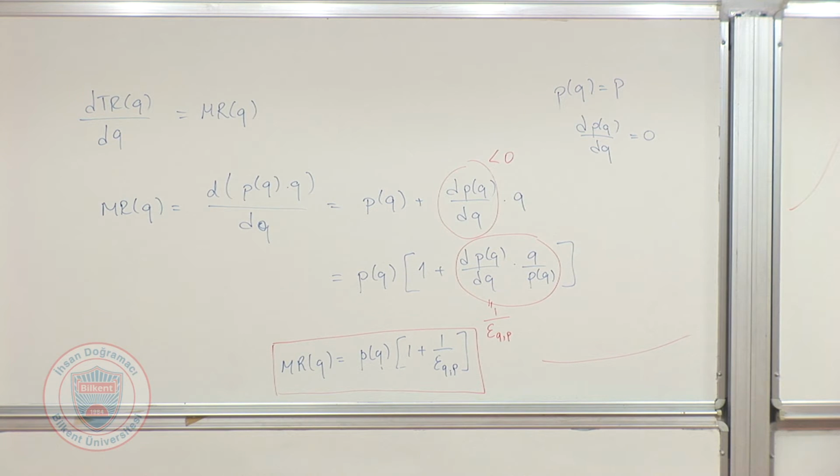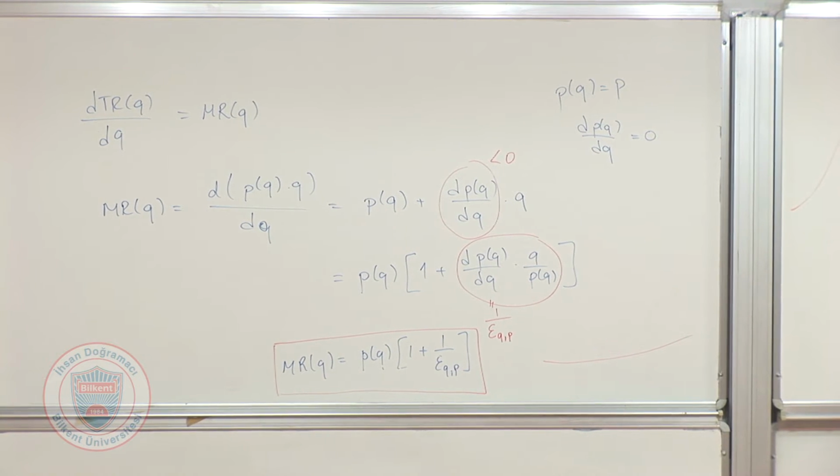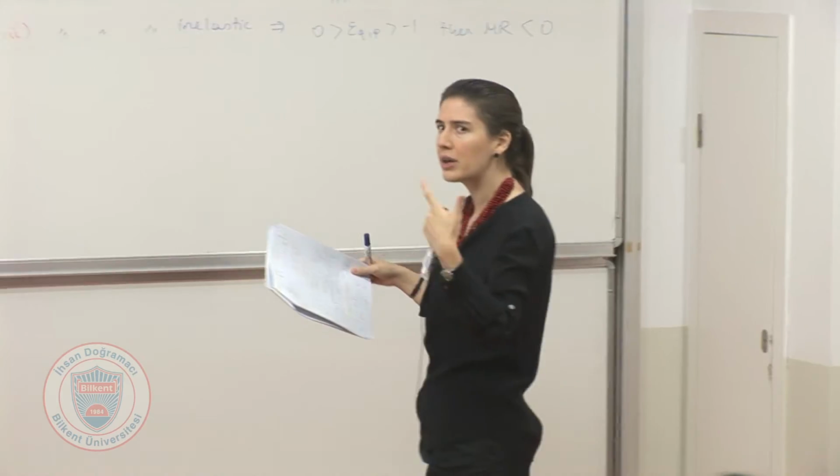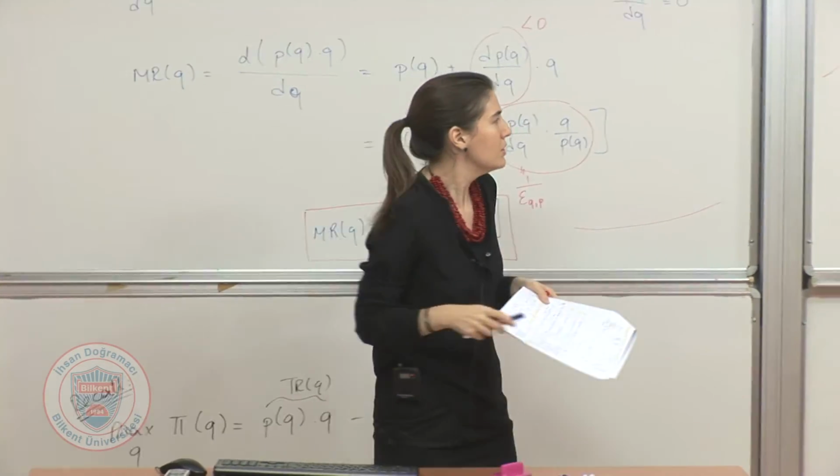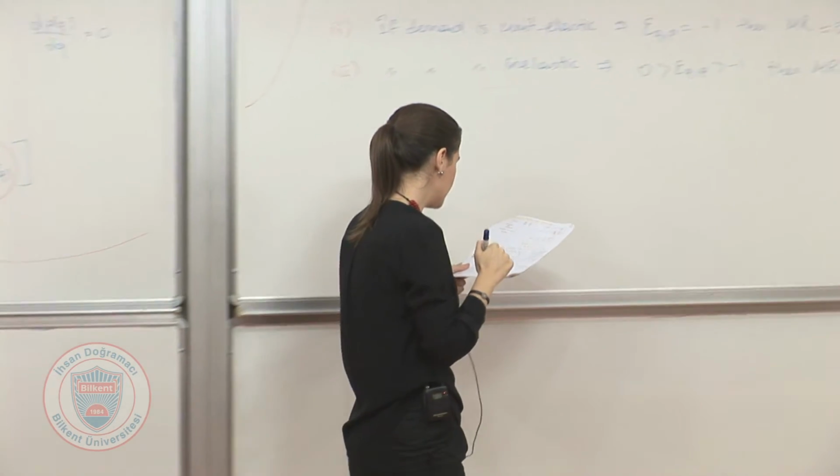So basically, we said that marginal revenue is negative. So you see, elasticity is very important. Remember, we discussed this to figure out what's going to happen for this firm. So now, what else we can say?